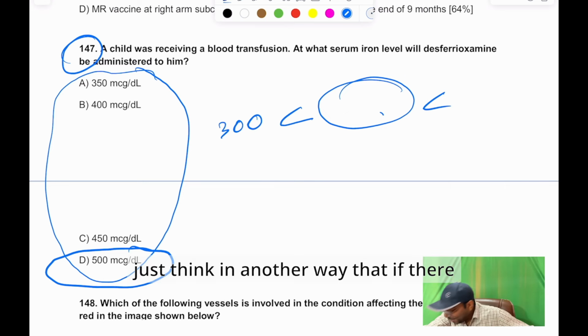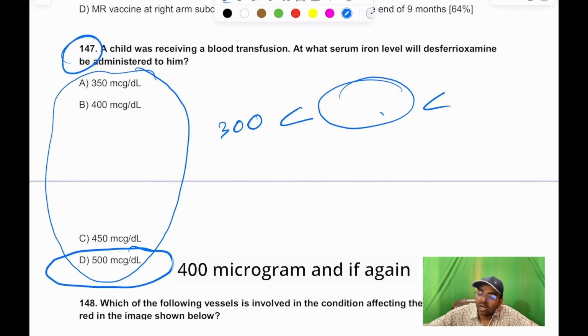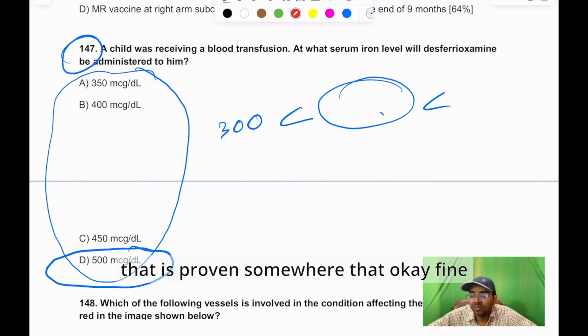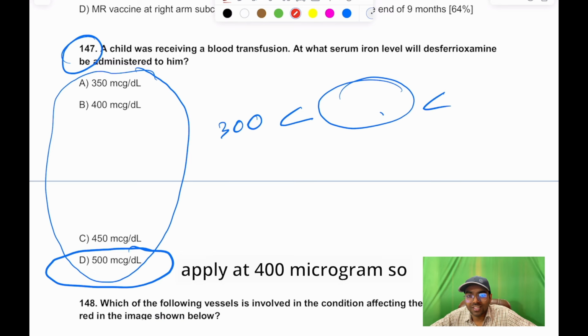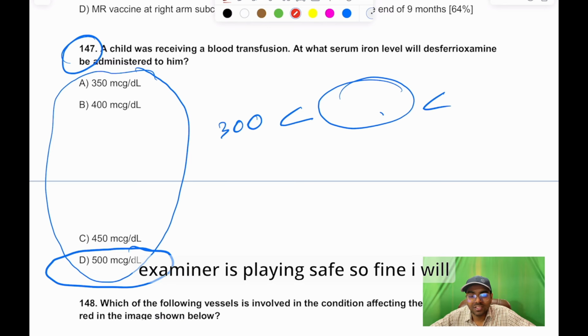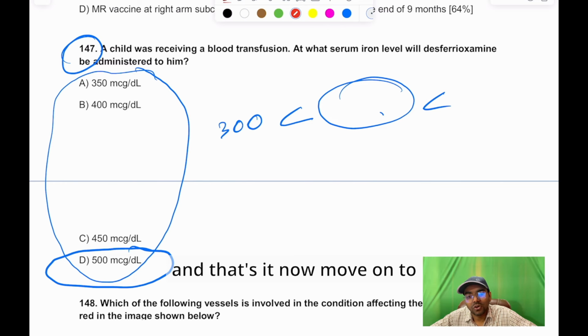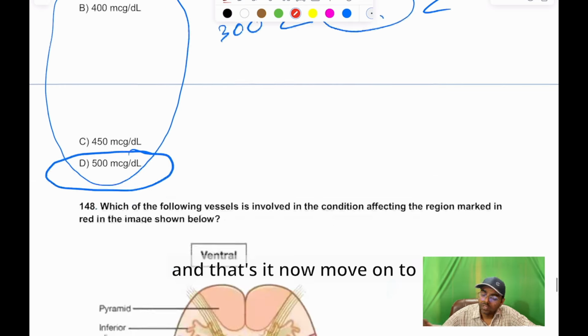Just think in another way: if you have marked the 400 microgram, and if it is proven somewhere that we need not apply 400 microgram, then the examiner is playing safe, so fine, I will take the extreme-most option, and that's it. Now I'll move on to the next.